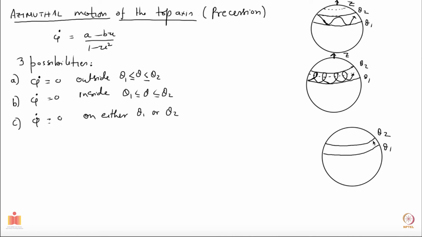So the derivative goes to 0 on this arc. Your tip will move like this, it goes up. Now the derivative has to vanish here, but higher values of theta are not allowed, so it has to return back, and this is what you'll get. So it makes cusps here.